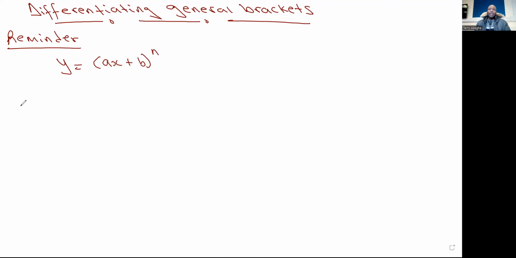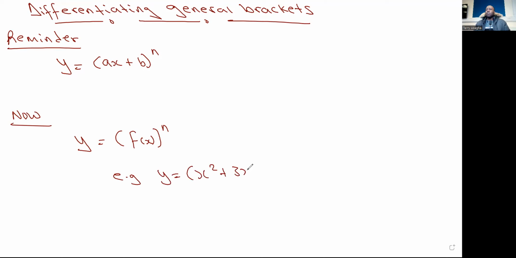Now, in this case, what we want to talk about is if, for instance, you have y is equal to a function. It could be a quadratic function. For instance, you have something like y is equal to (x squared + 3x + 7) raised to the power 20. This is a quadratic function. So in the bracket now, we're not just having simple ones like last time.